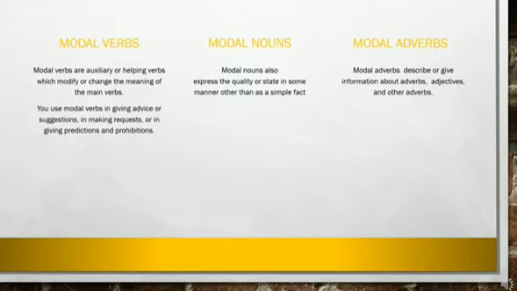Modal nouns also express the quality or state in some manner other than as a simple fact. And modal adverbs describe or give information about adverbs, adjectives, and other adverbs. You will understand more about this as we go through this module.